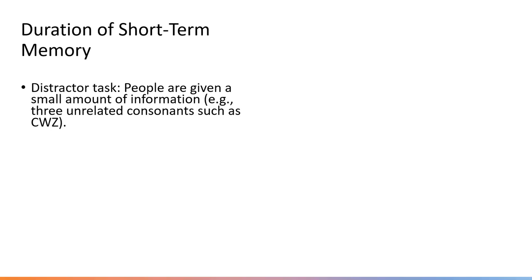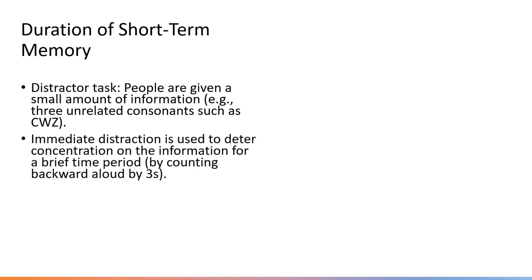Now, to test the duration of short-term memory, what's often done is to create a situation where you have a distractor task. So you present the information that's to be remembered, and then there's an immediate distraction. So often what this involves is counting backwards by an odd number, like counting backwards by 3s, by 7s, not the easy one, 5s, that would be super easy, but count backwards by 3s or 7s from 100.